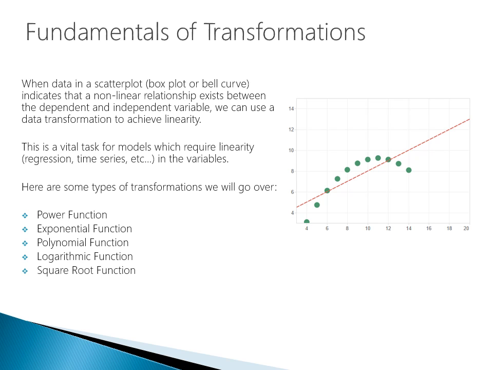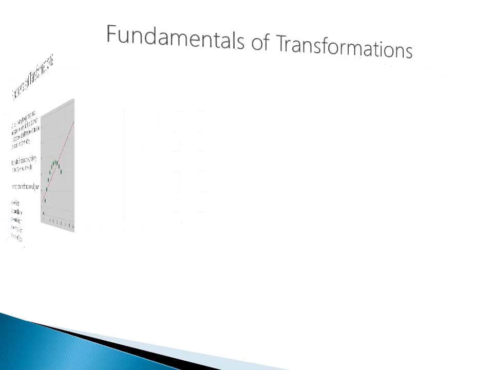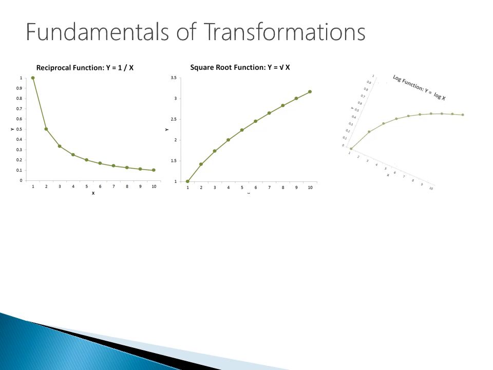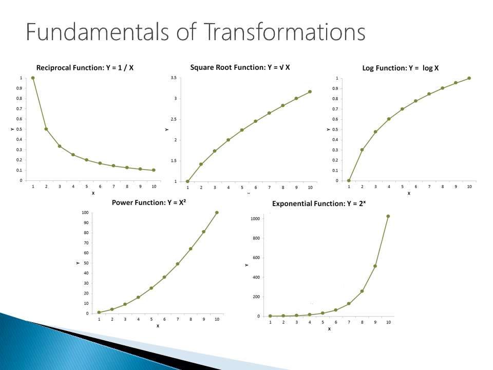Here are some types of transformations which we're going to go over. We'll talk about the power function and the exponential function in detail, but there are other transformations such as the polynomial function, logarithmic function, square root functions, and so on and so forth. I think the best way to understand transformations is to just look at the shapes of certain standard transformations.